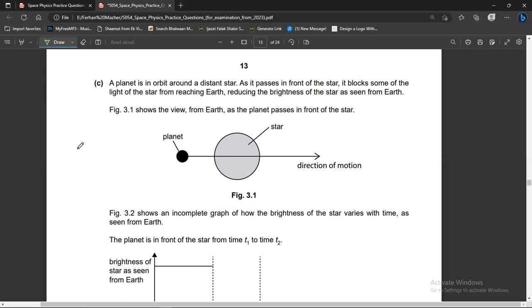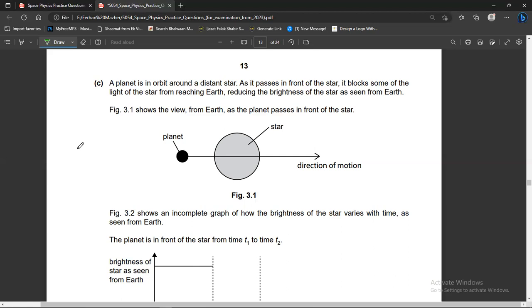Figure 3.1 shows the view from Earth as the planet passes in front of the star. Figure 3.2 shows an incomplete graph of how the brightness of the star varies with time as seen from the Earth.